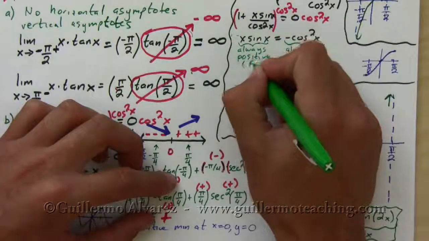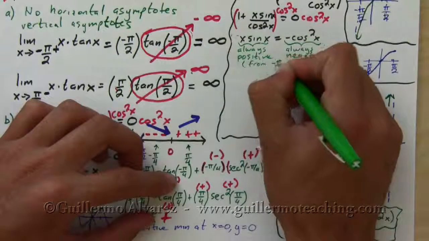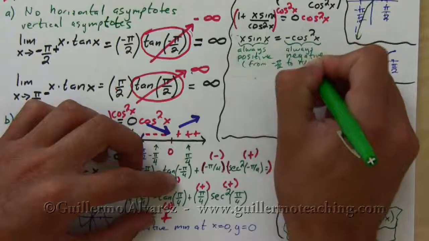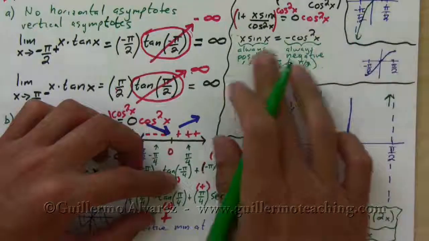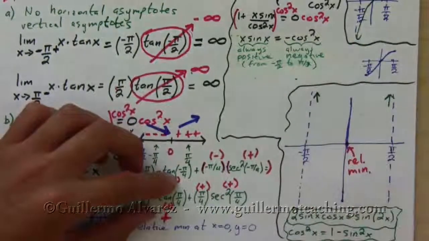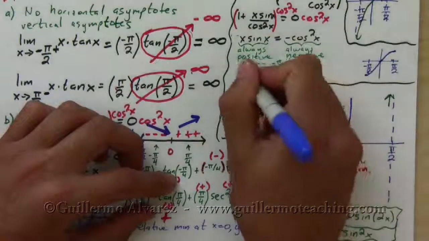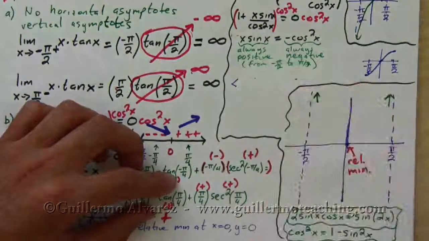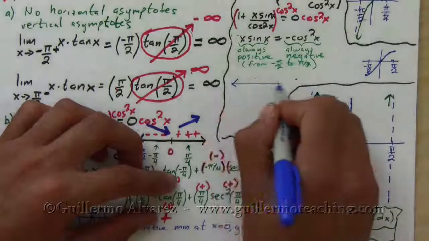Note that this is from negative pi over 2 to pi over 2, so this doesn't have a solution. What that basically means is that there's no concavity change in the entire function.